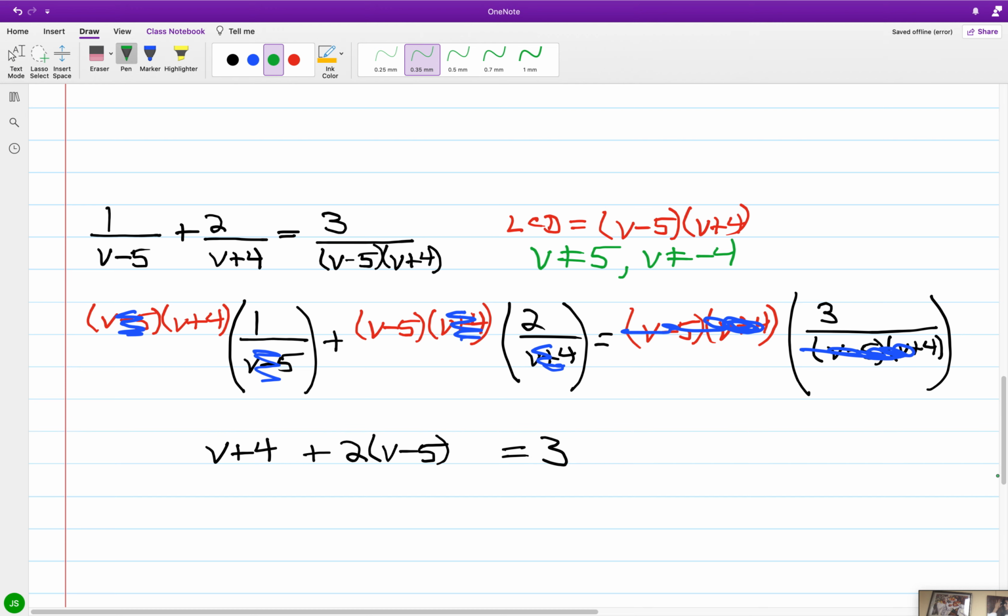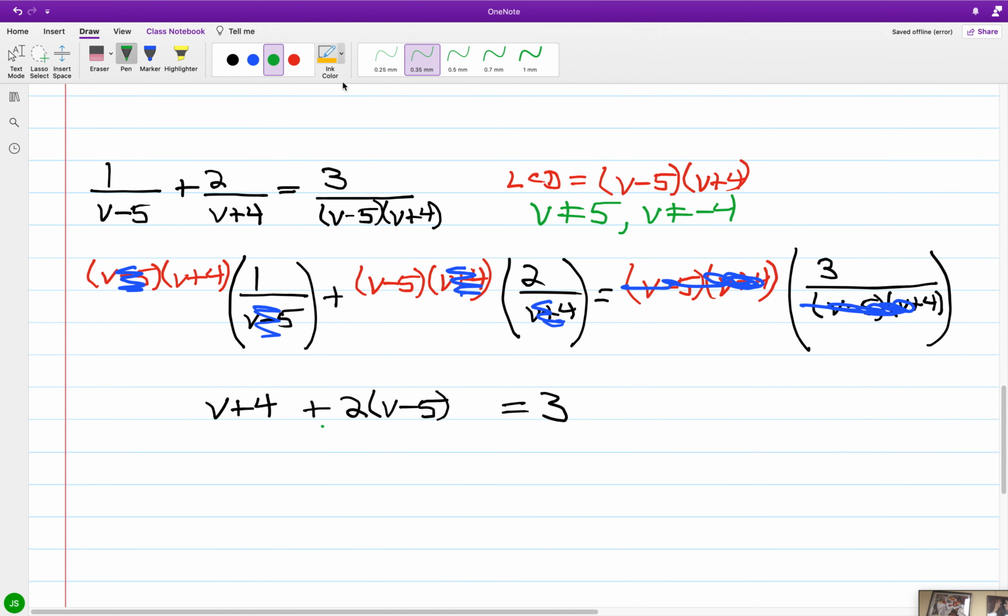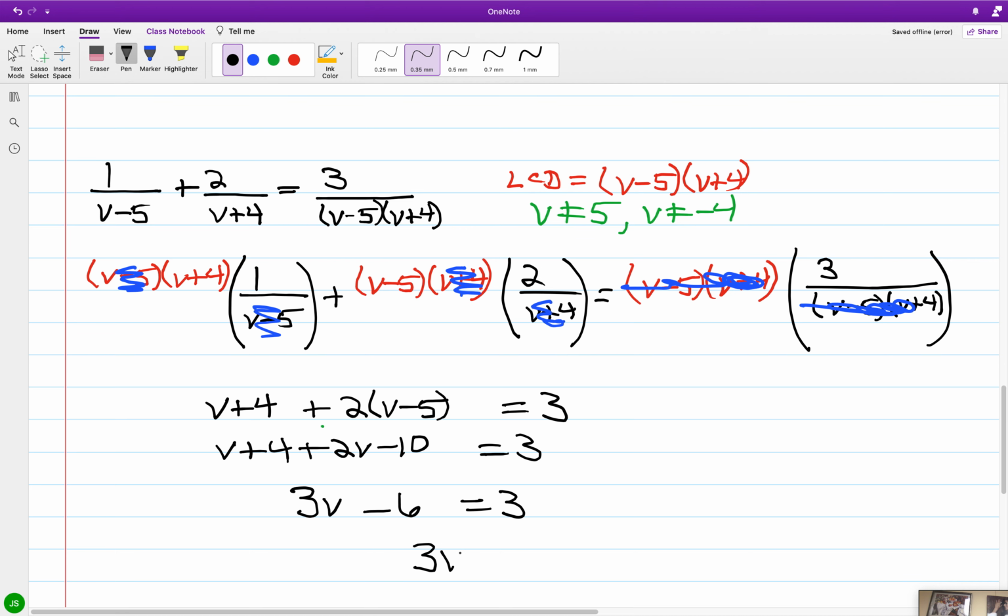And so proceeding with what we have after having cleared out the fractions, you have v plus 4, plus 2v minus 10, is equal to 3. Combining like terms, we have 3v minus 6 is equal to 3. Upon adding 6 to both sides, we have that 3v is equal to 9.